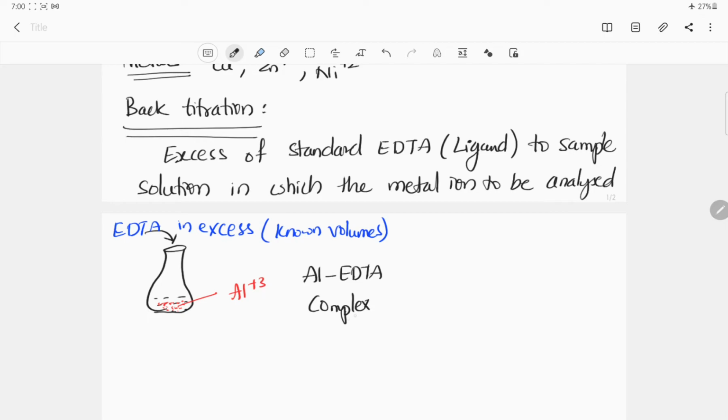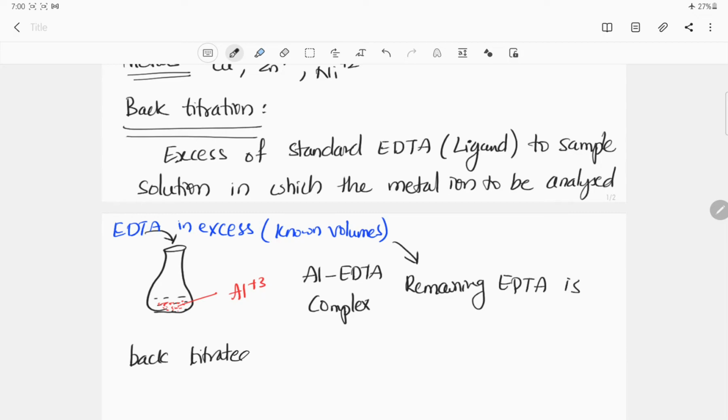The resulting solution will contain unreacted EDTA. So the excess which has not reacted, the remaining EDTA, is back titrated.